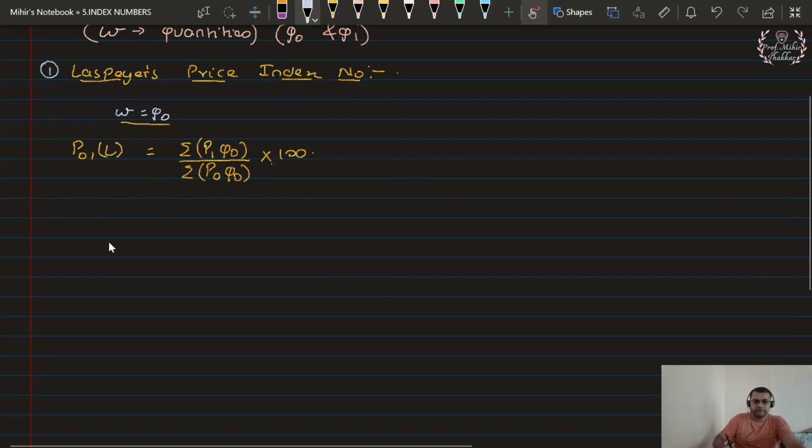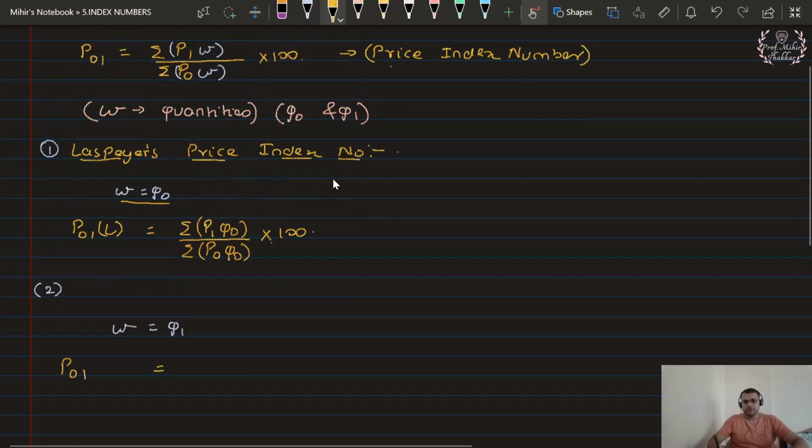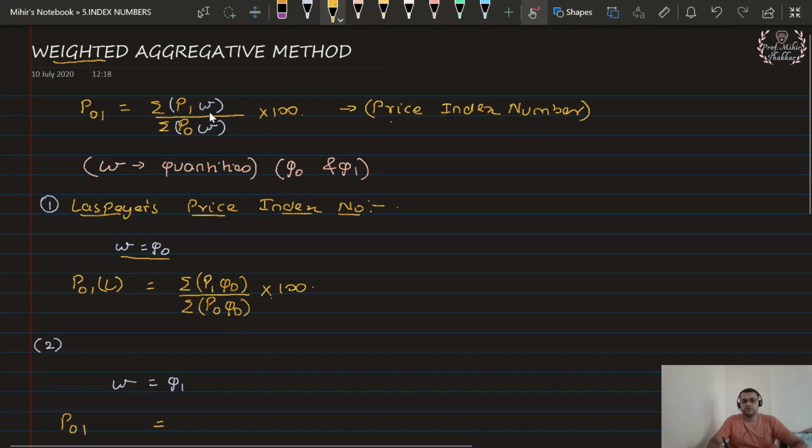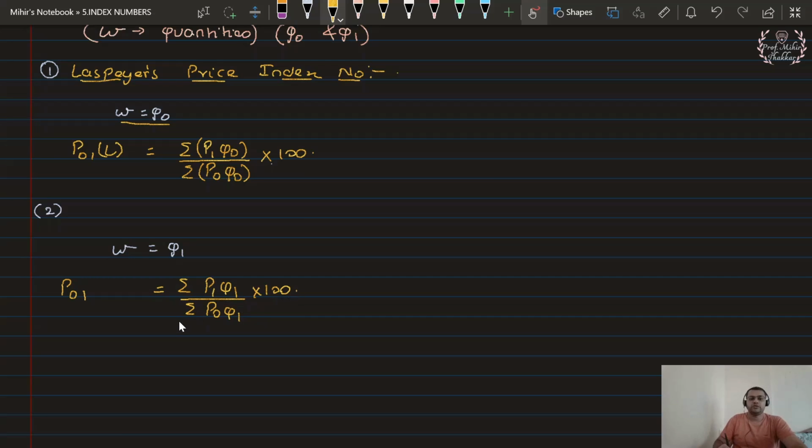Then formula number 2, the second person told we can also consider the weights as the current year's quantities. So in such a case, the formula will become P01 is equal to, now in place of W, when I substitute the value as Q1, it becomes like this: summation of P1 into Q1 upon summation P0 into Q1 into 100.